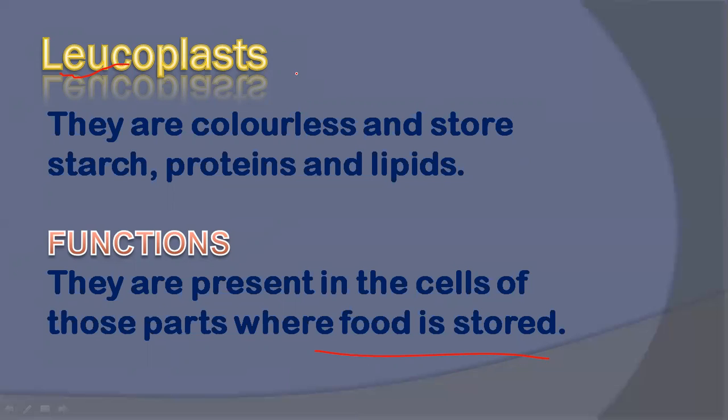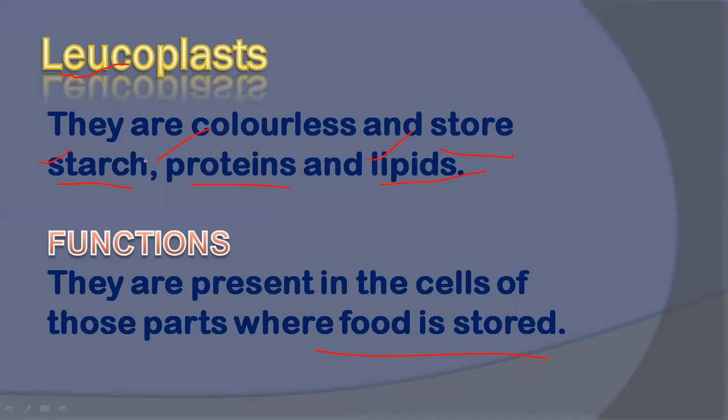The leucoplasts store starch. Starch is the preserved or stored food in the plants, and they store proteins and lipids. We know that all the fruits and vegetables are rich in carbohydrates, proteins, lipids, as well as lots of vitamins and fibers.